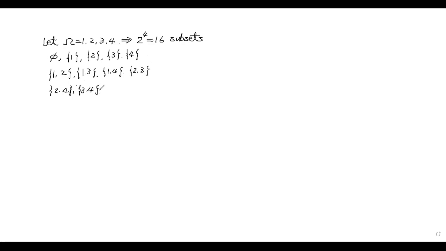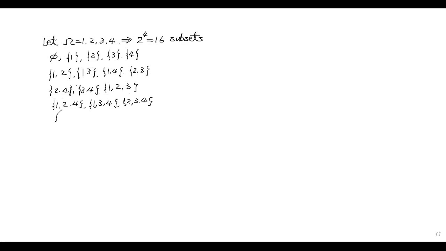Then we also have the subsets with 3 elements. So {1, 2, 3}, {1, 2, 4}, {1, 3, 4}, and {2, 3, 4}.